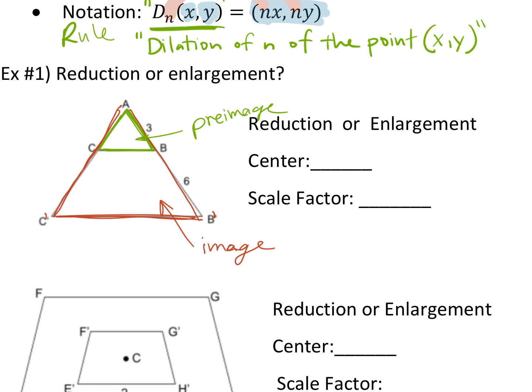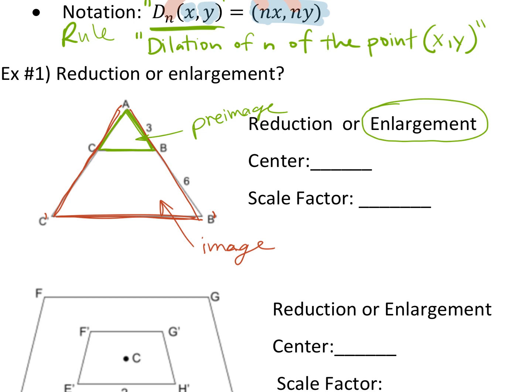When looking for reduction or enlargement, that's what you have to look for. What was the original? Did it get bigger or did it get smaller? My original is the green. This got bigger, right? So it's an enlargement. So circle enlargement here.